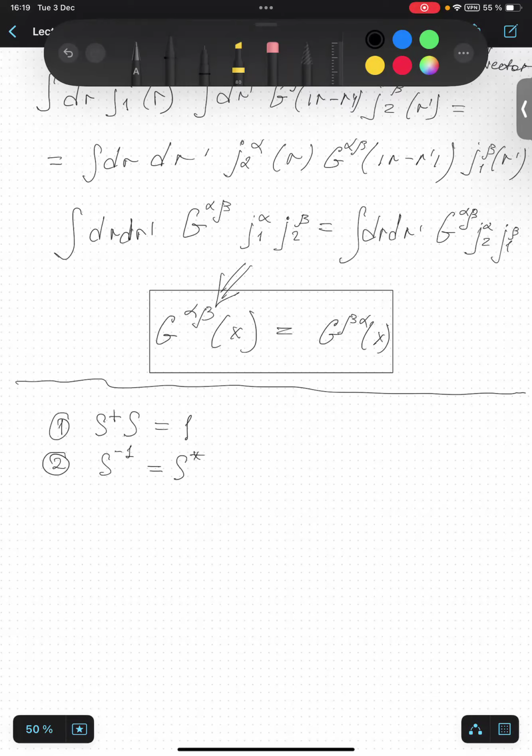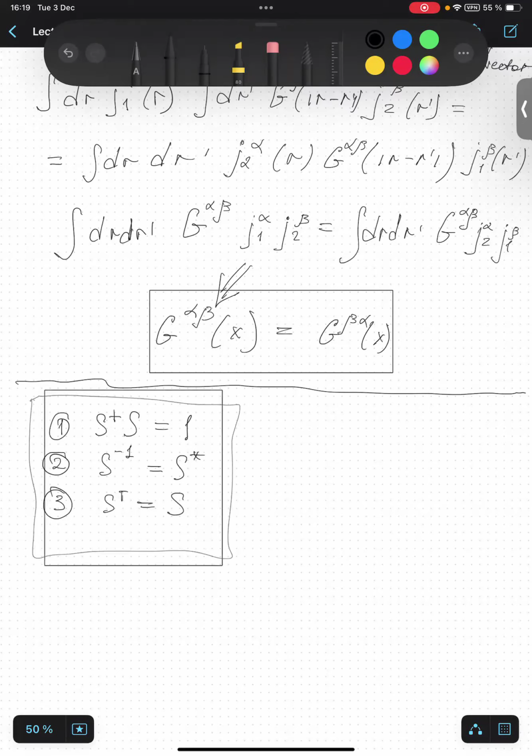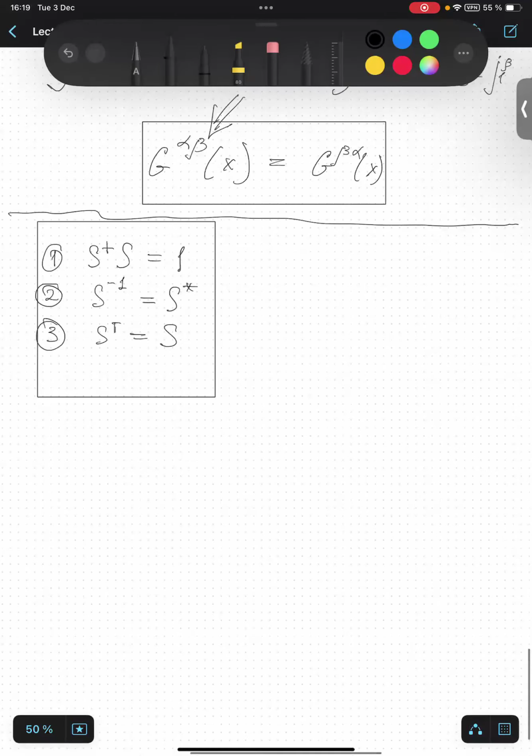And third, the transposed S matrix is equal to the same S matrix. These are our three properties. And what is the physical result of these properties? Let's just consider each of them independently.